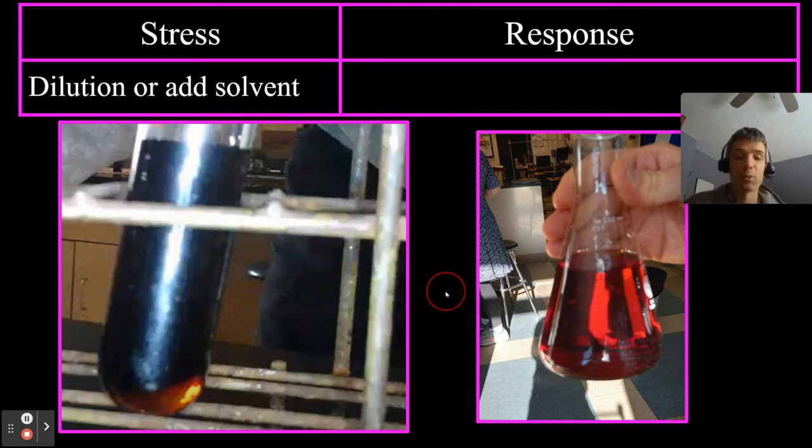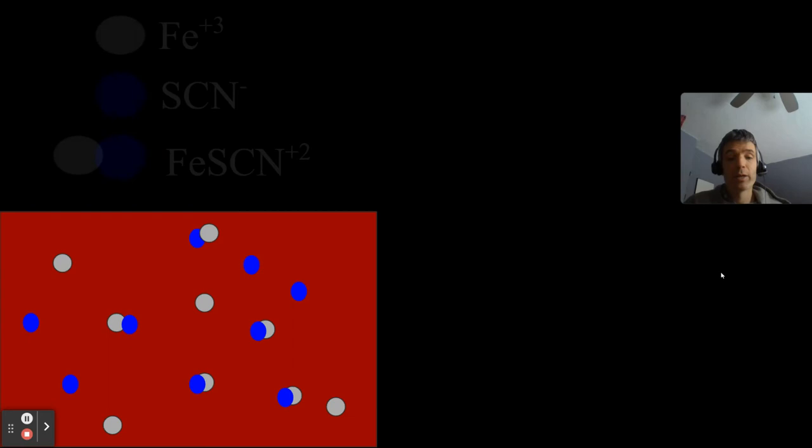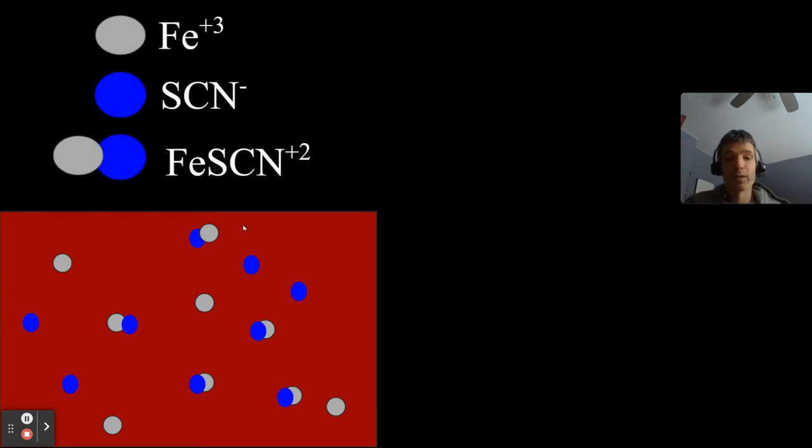What it tends to do is make more dissolved species. Now, you're right to think that if I dilute anything, it's going to get dimmer. However, sometimes you could actually be making a darker color, depending upon the reaction. So here you've got iron thiocyanate.